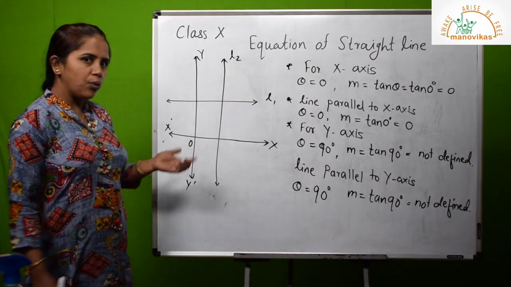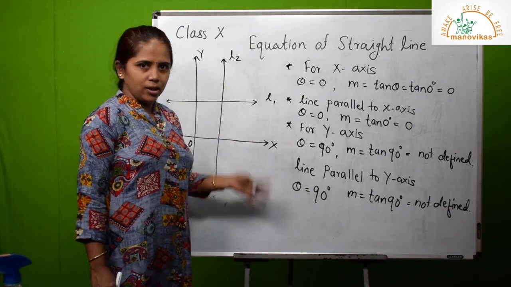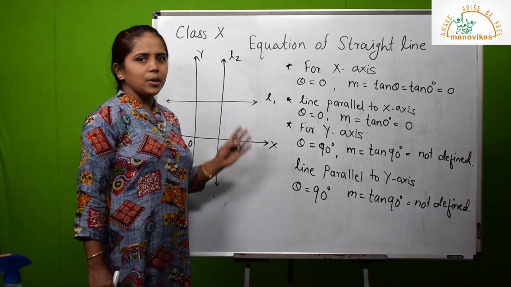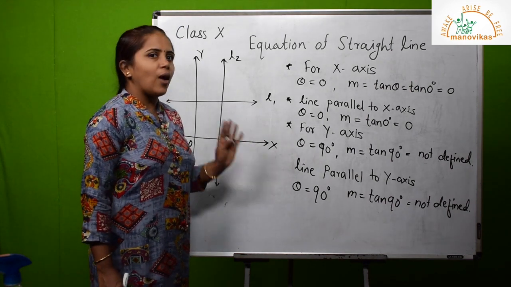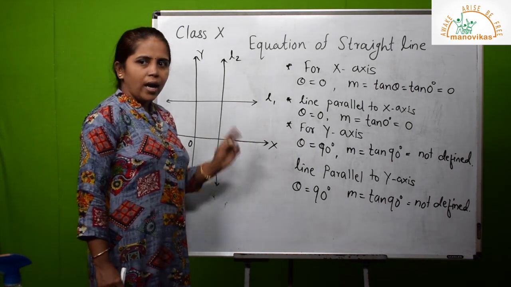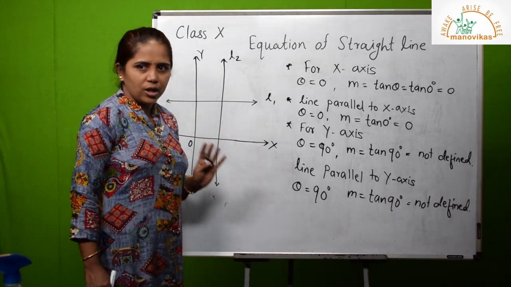So in short, what we can say: slope of x-axis is 0. Slope of a line parallel to x-axis is also 0. Slope of y-axis is not defined, and slope of a line parallel to y-axis is not defined.